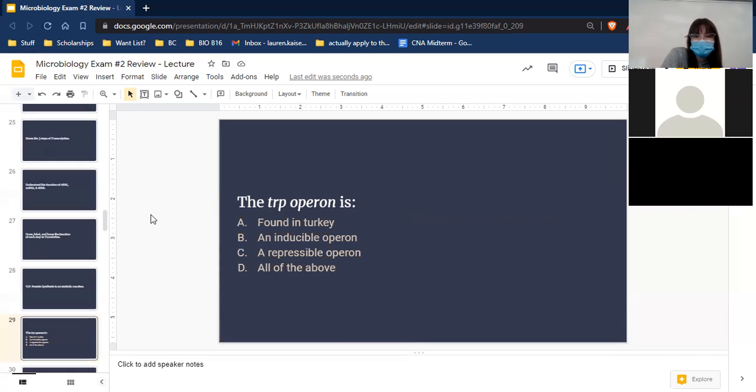All right. The trp operon is which one of these? Got 1.